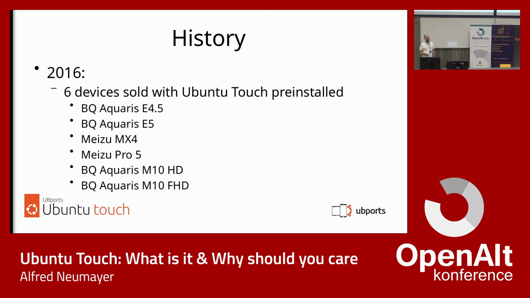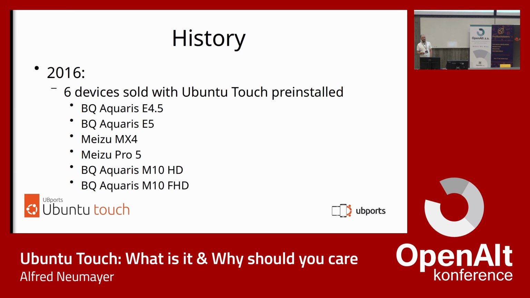Fast forward to 2016, we have 6 devices sold with Ubuntu Touch pre-installed, which you can see here. The BQ Aquarius, which used to be a Spanish manufacturer, and the Meizu devices, which are Chinese. The first 4 are phones, and the Aquarius M10 HD and M10F HD were tablets.